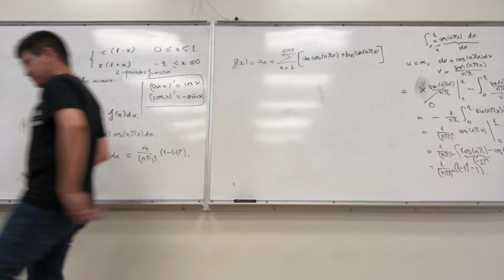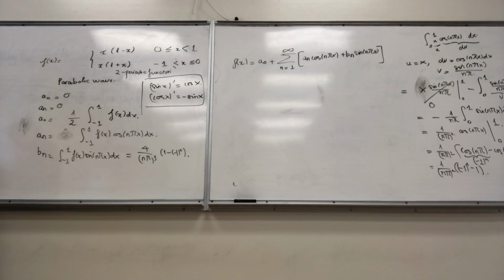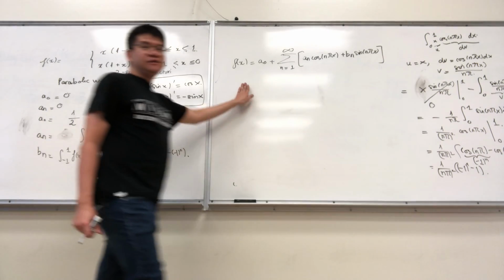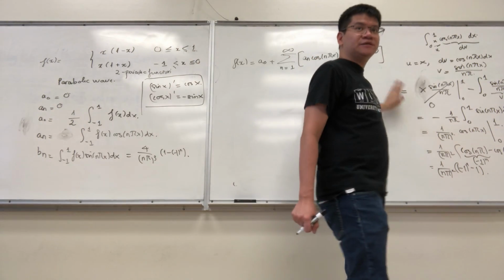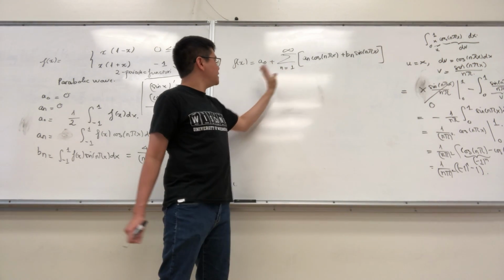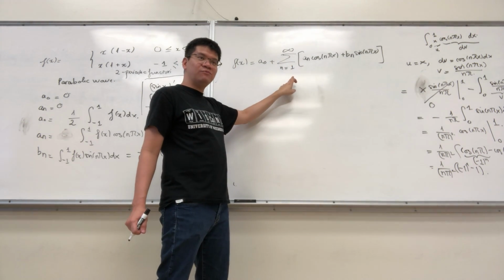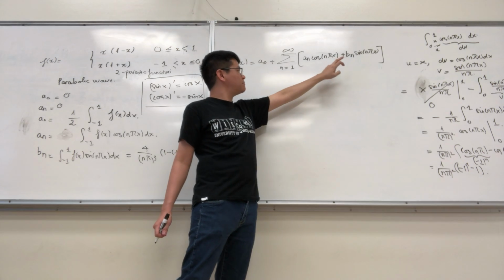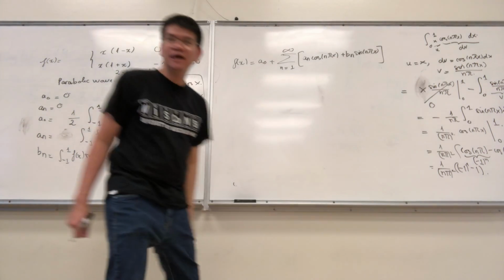Alright, so this is the general form of the Fourier series. You have an a0 plus the sum when n is going from 1 to infinity of an cosine n pi x plus bn sine n pi x.